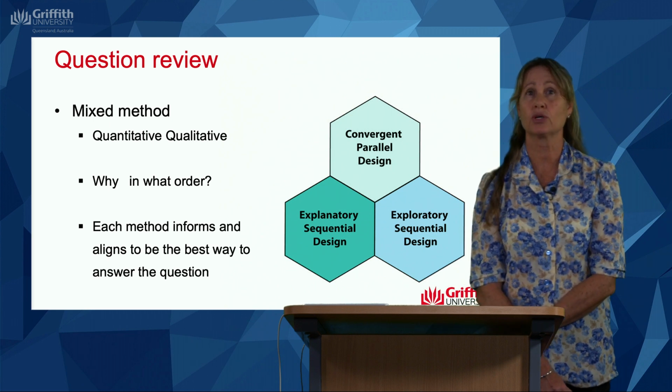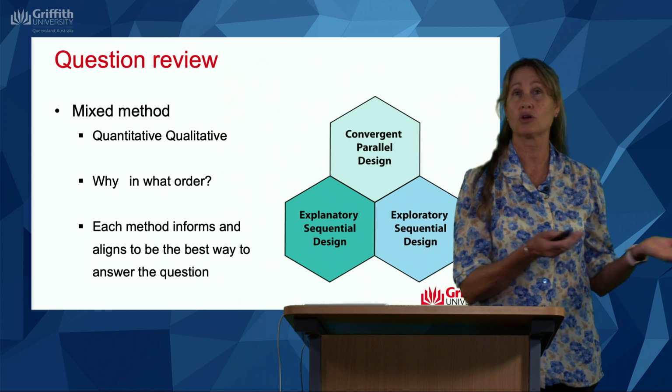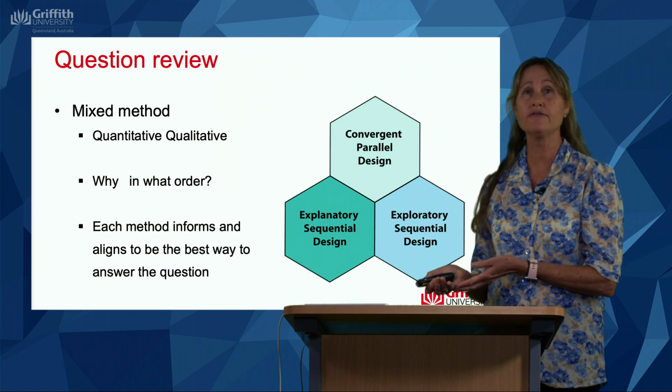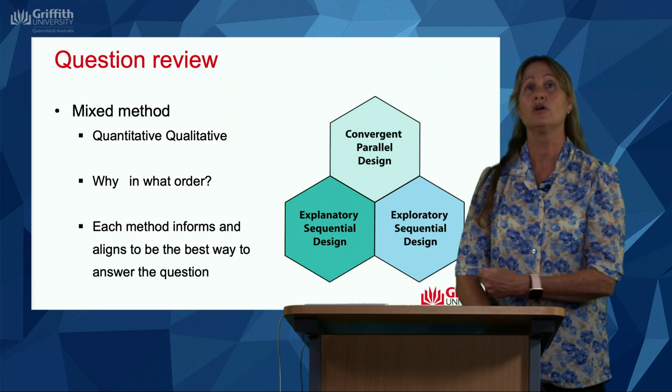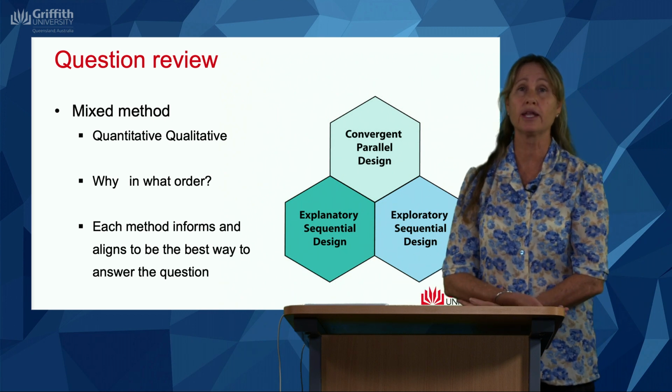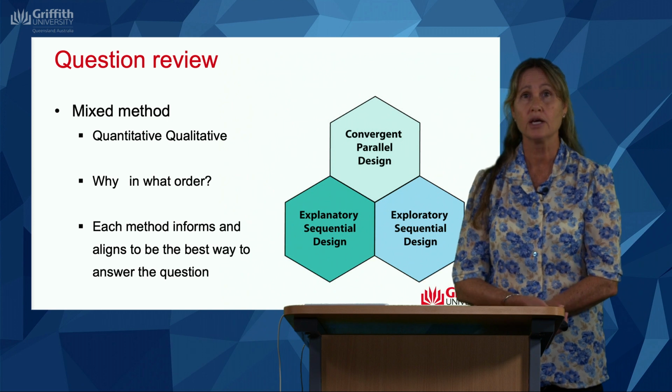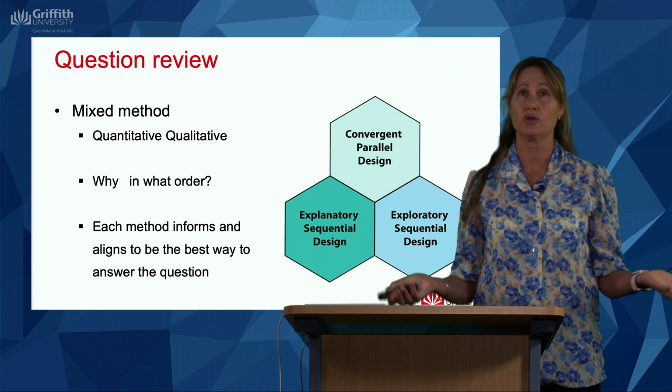So you might have sequential where you did quantitative and then qualitative, or qualitative and then quantitative. Or you might have convergent, where you're aligning them both at the same time. And then they're coming together to give you an answer.